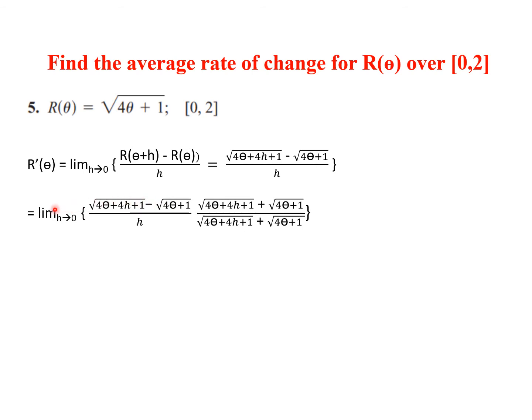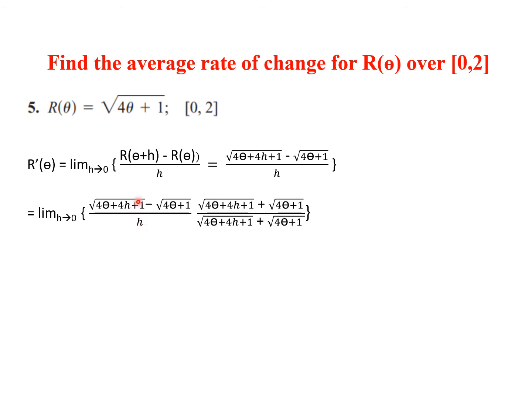So the limit as h goes to 0, and this is our original function, its numerator is multiplied by its conjugate, and the same conjugate is multiplied by the denominator, which has h only.